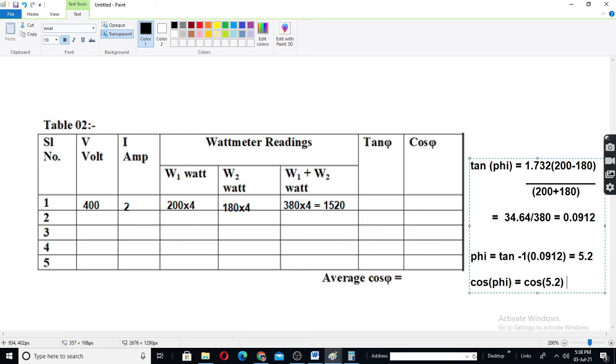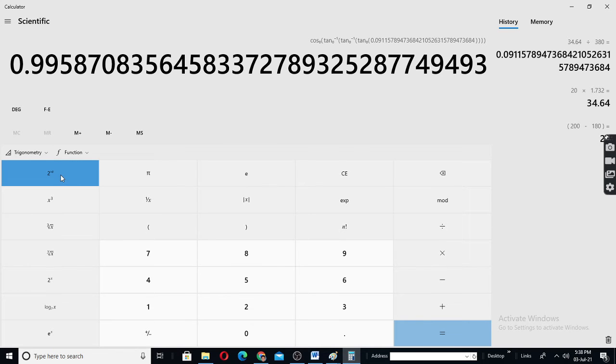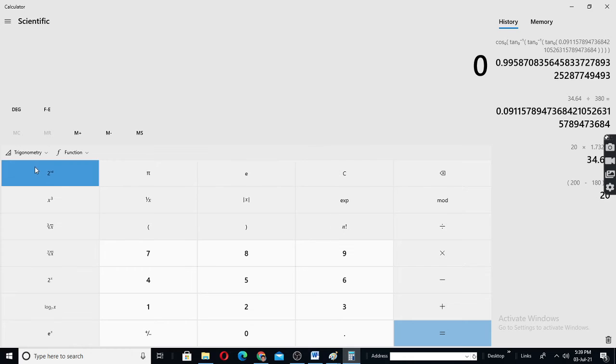We will get approximately 0.9 something. Take the calculator. Cos of 5.2.